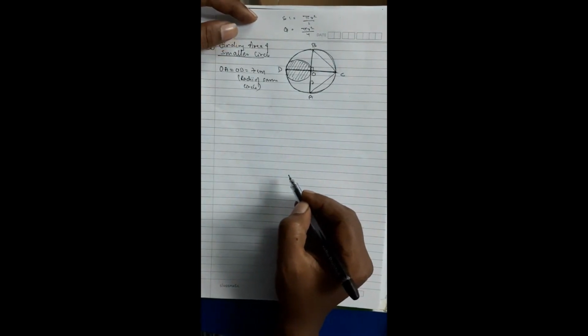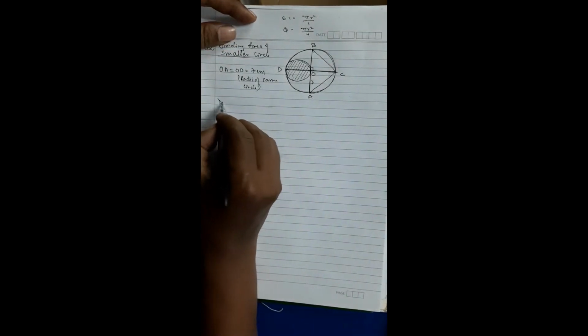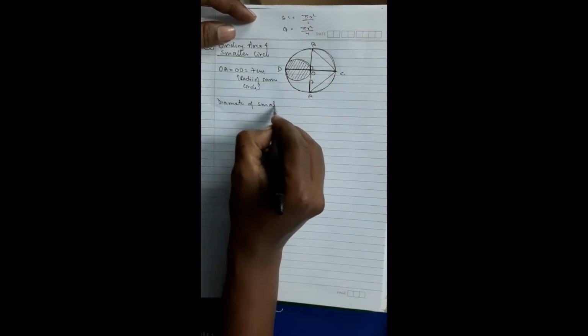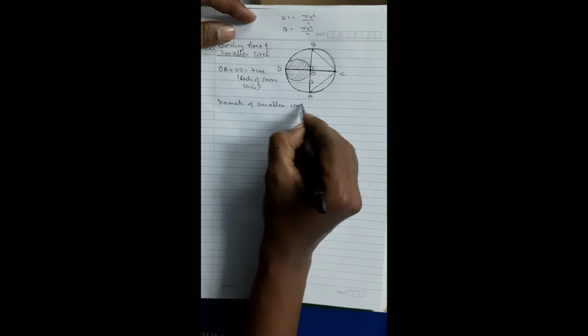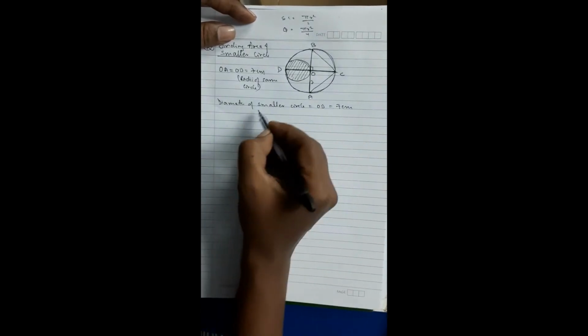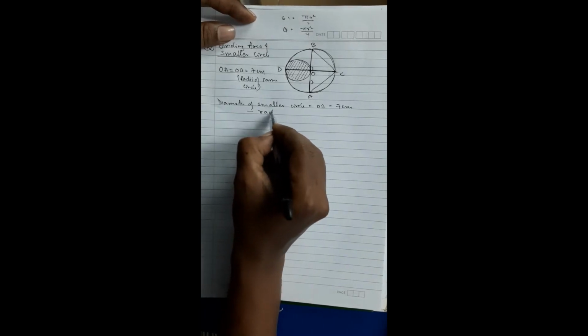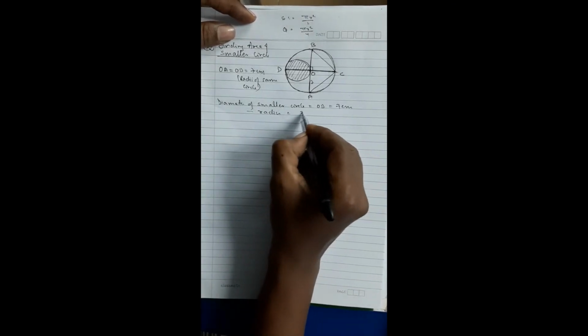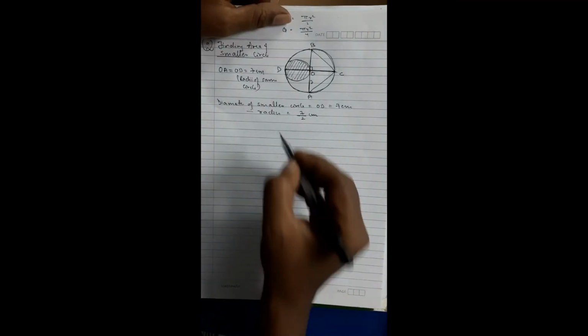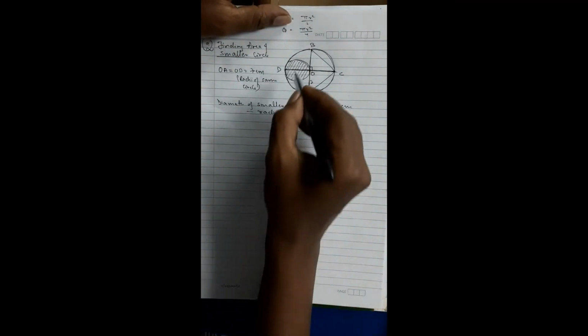Now diameter of smaller circle is equal to OD is equal to 7 centimeter. Therefore radius is equal to 7 upon 2 centimeter. Okay, this is the radius of the smaller circle.